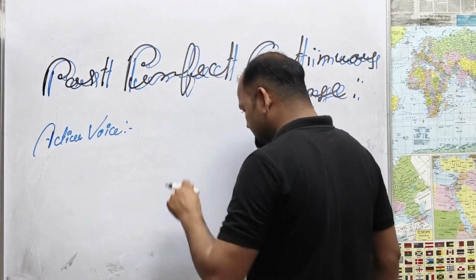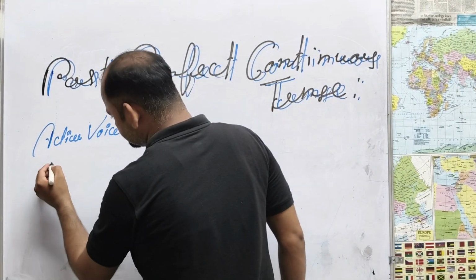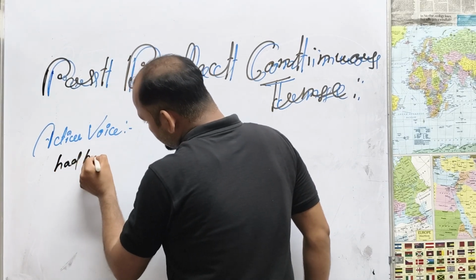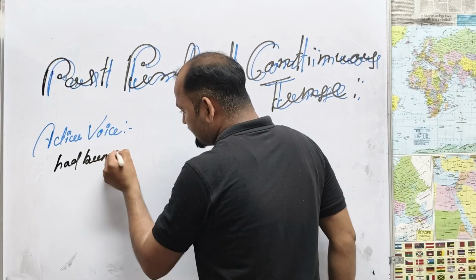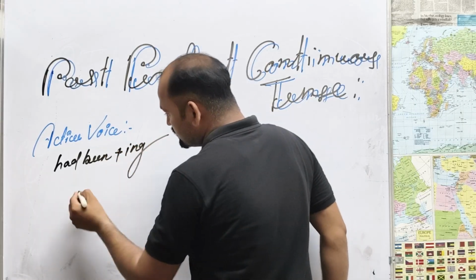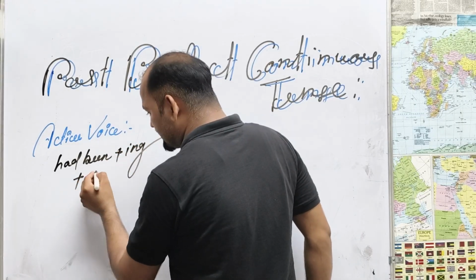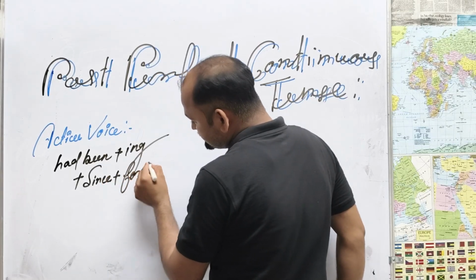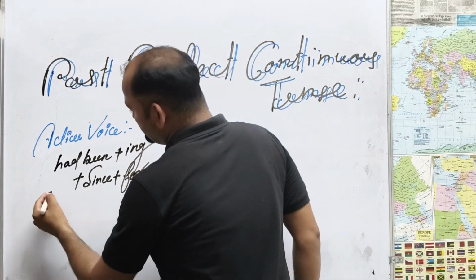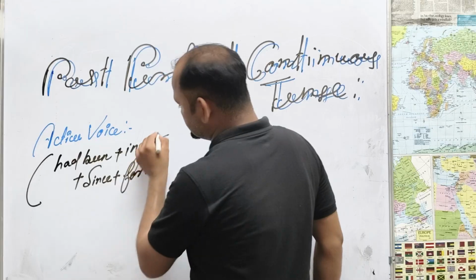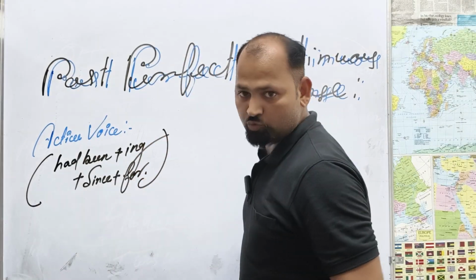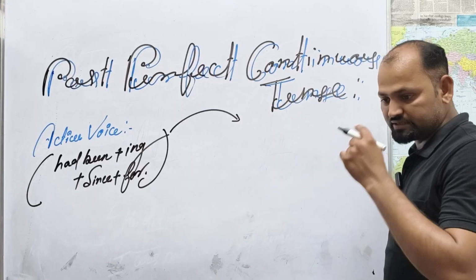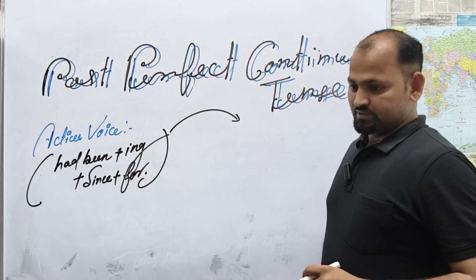Past perfect continuous tense takes had been plus ing, the same as usual in the case of since and for. This is the format, the rule of the active voice. The same sense applies for the passive voice. Please check the video.